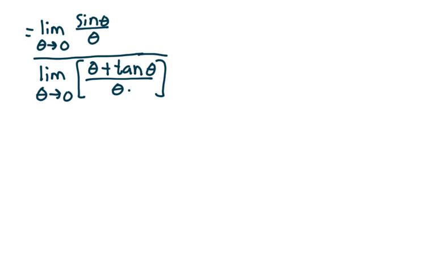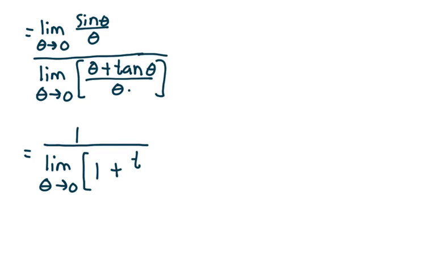Now, right away, we know that the limit in the numerator is equal to 1. So I'm going to put a 1 there. And I'm going to divide by the limit as theta goes to 0 of 1 plus tangent theta divided by theta. And so all I did was split off that fraction.